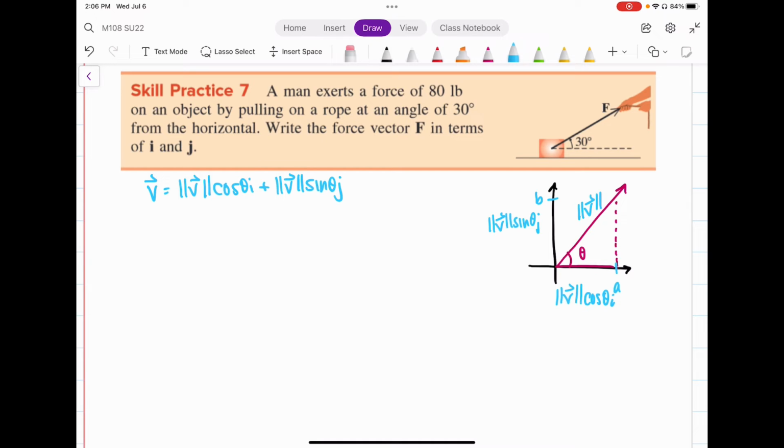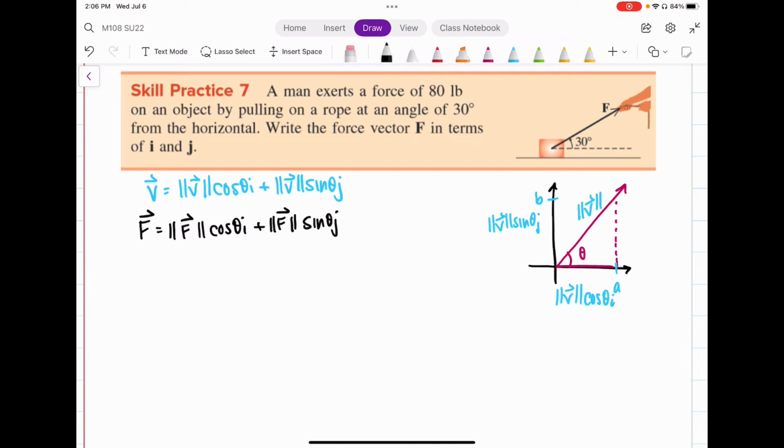So we're going to write our force vector like that. So force vector instead of vector v is going to be equal to the magnitude of F times the cosine of theta i plus the magnitude of F times the sine of theta j. And i is left and right, and j is up and down.